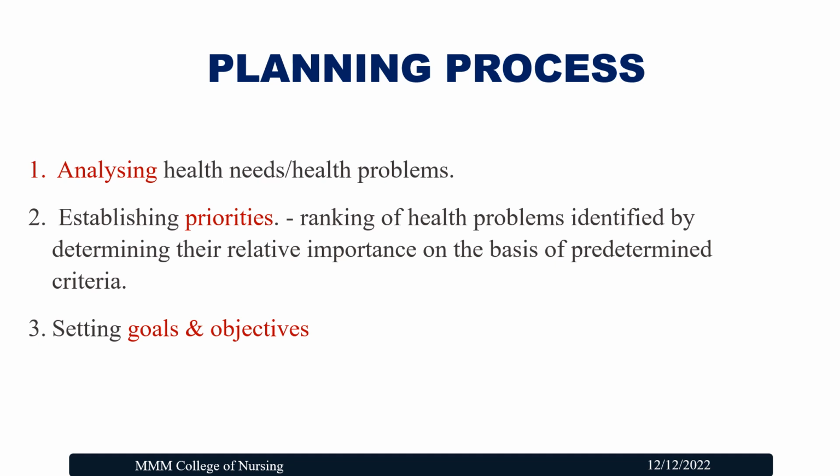Another meaning is ranking of health problems identified by determining their relative importance on the basis of predetermined criteria. The third one is we have to set the goals and objectives. So when we are planning to do the community diagnosis, we should concentrate on these three.